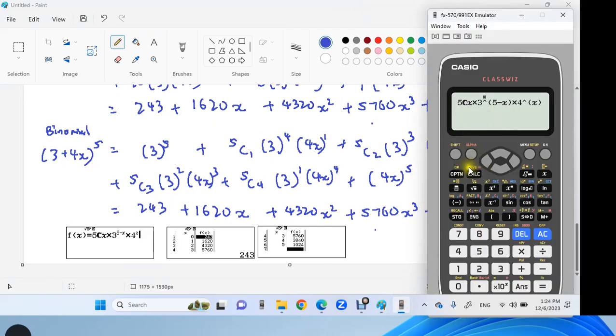After that, you press CALC. It will ask what is the value of x, you substitute 0, and then you press equal and equal again. Then it will return 243. Okay.